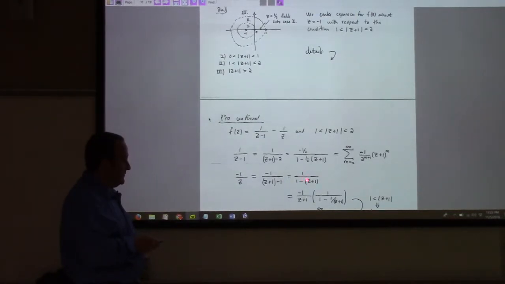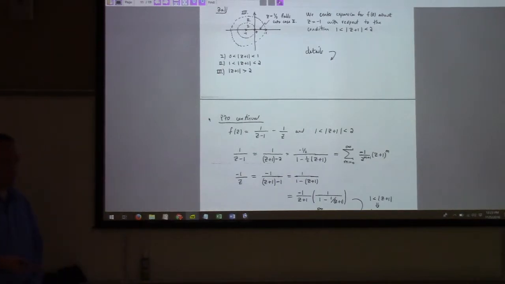So what I got to do is factor out that z plus 1, and when I do that, I get 1 over 1 minus 1 over z plus 1, which I'm allowed to. This is good news because that has modulus less than 1, which means I can apply the geometric series result. So you got to ask yourself, where are you? What do you have to work with? And then geometric series will usually do most of the work.